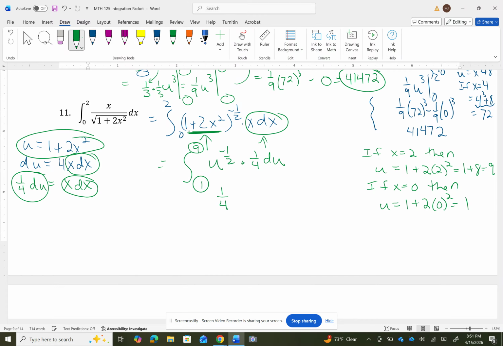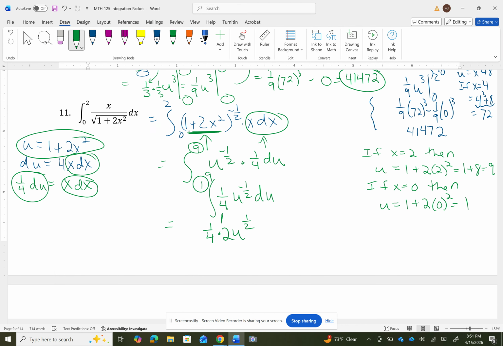So that 1/4 is a constant. I'm just going to put it in front. I'm going to do my integration now by adding 1 to the negative 1/2, which gets me a positive 1/2. But when that comes down, I would need a 2 to make it go away. And then the 1/4 constant, the 1/4 that was already there, I need to bring along.